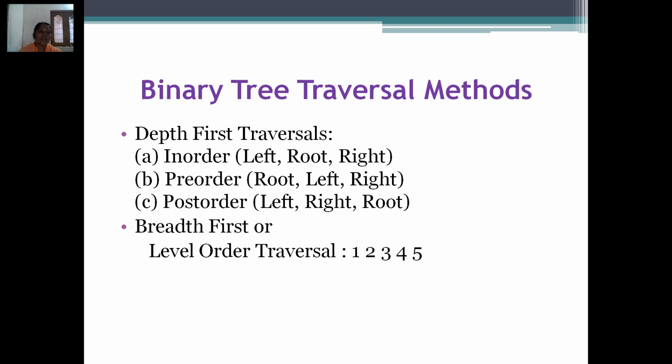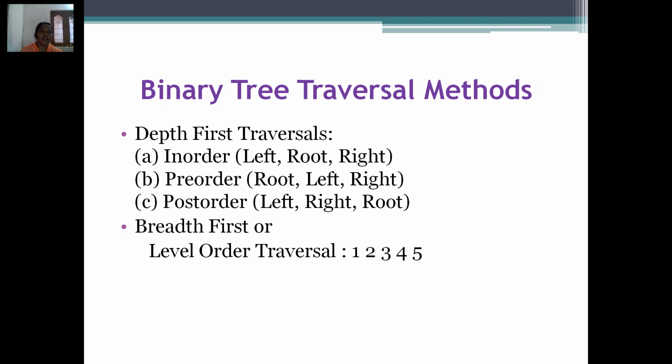The second method is breadth first search, which is also known as level order traversal. First, we have to discuss the depth first search traversal. Let us move to the next slide.